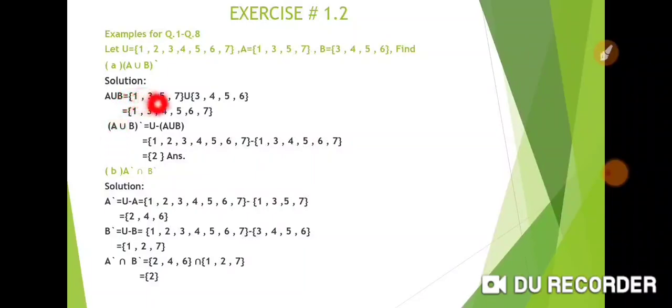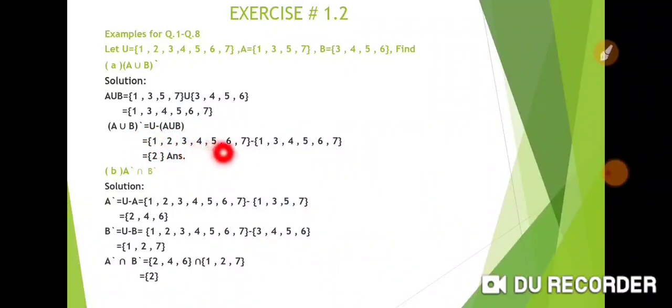So first the A set is there, union the B set is there. In union, we combine all the elements in one set. Here we are going to take (A union B) whole complement. So we take away the elements of A union B from the universal set.